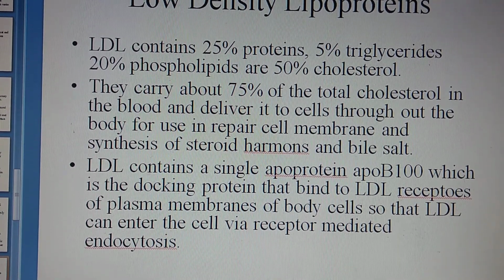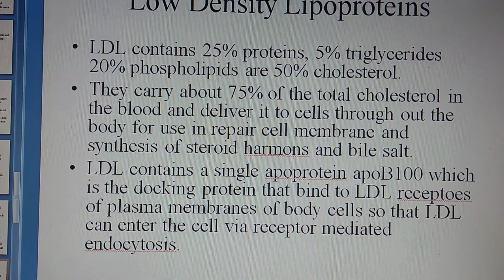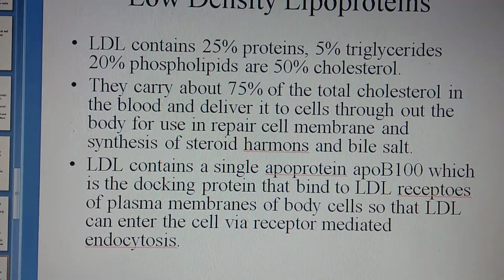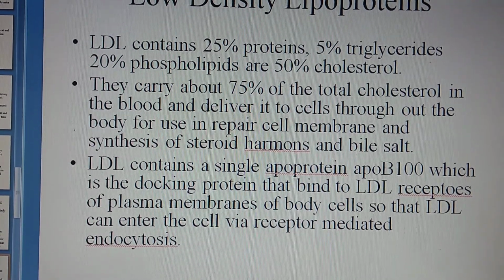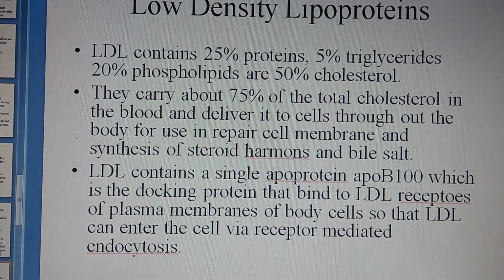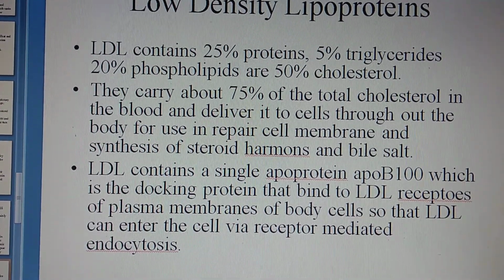LDL contains a single apoprotein, ApoB100, which is a docking protein that binds to LDL receptors of the plasma membrane of body cells so that LDL can enter the cell via receptor mediated endocytosis.